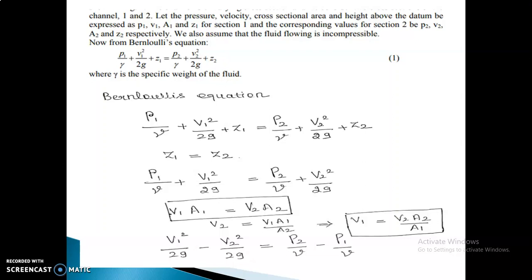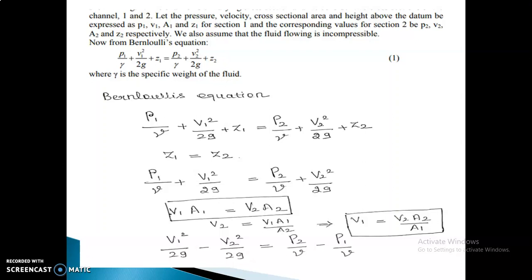For section 2, they are P2, V2, A2, and Z2. The fluid flowing is incompressible. From Bernoulli's equation, P1 by gamma plus V1 squared by 2g plus Z1 equals P2 by gamma plus V2 squared by 2g plus Z2, where gamma is the specific weight of the liquid.